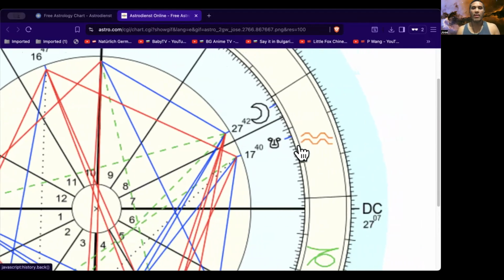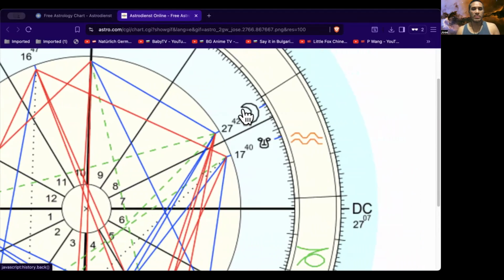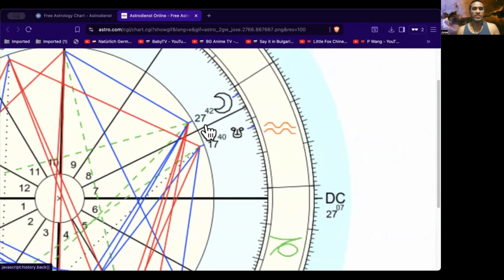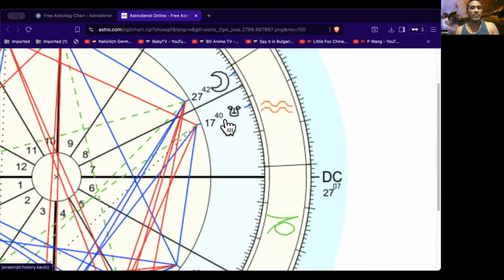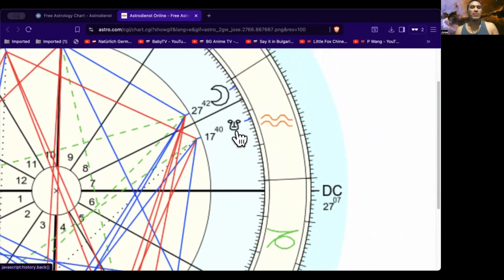The point is, when it's conjunct a certain thing, specifically what I wanted to talk about, the South Node, you have things. Let's say the Moon was conjunct the South Node here.